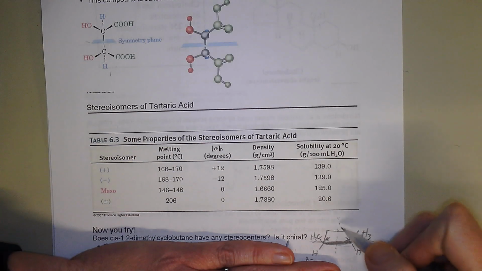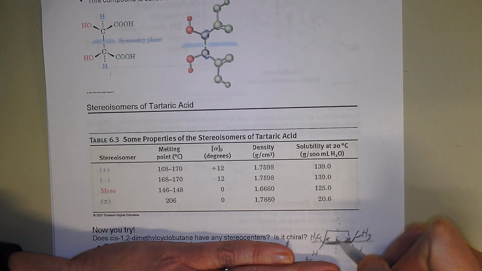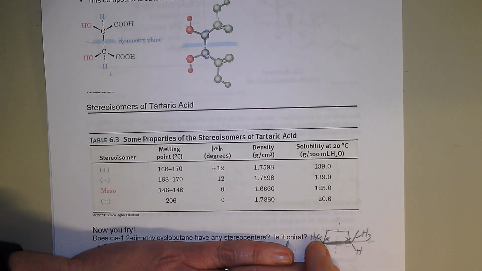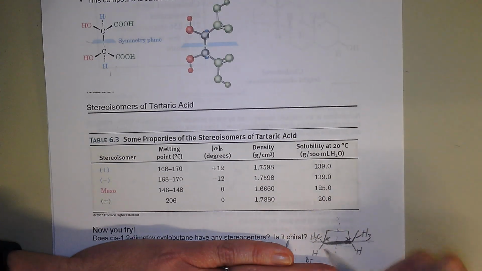Now, if I drew a plane of symmetry perpendicular to that through the molecule, they are identical on both sides, okay? So if I look at this half of the molecule, if I have my plane of symmetry going through that guy, then I've got this on this side with a methyl and this on this side with no methyl.